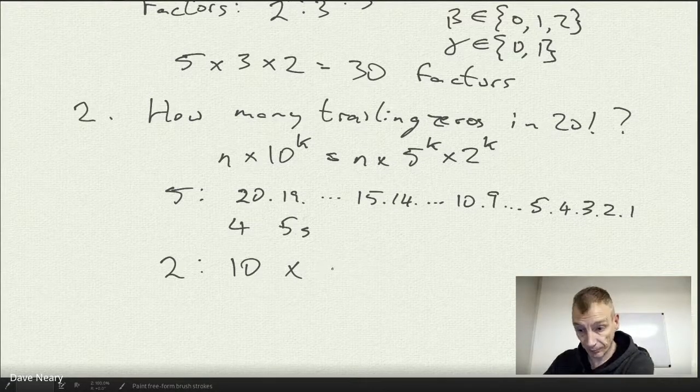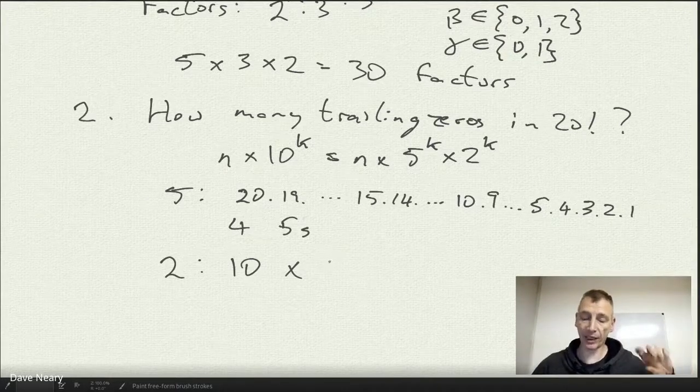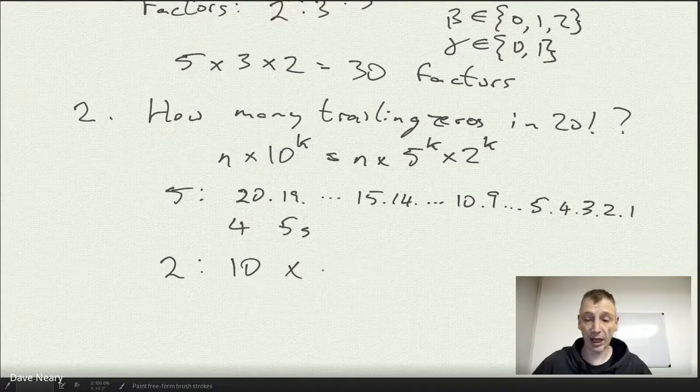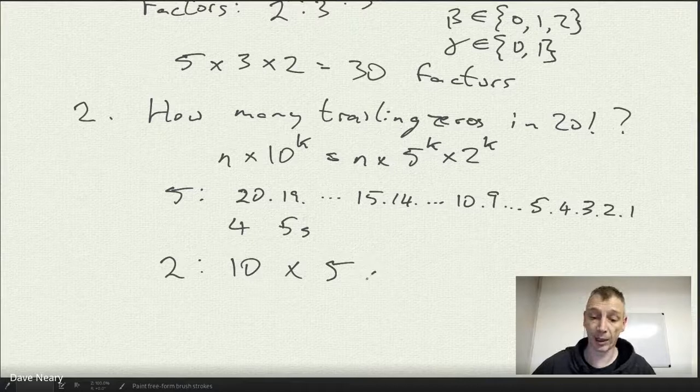Well, let's take 1 2 from every even number. Okay, so that's our 10. And now how many multiples of 4 are there between 1 and 20? Well, we've got 4, 8, 12, 16, and 20. We've got another 5. And each of those is going to have at least 2 2s in its prime factorization.